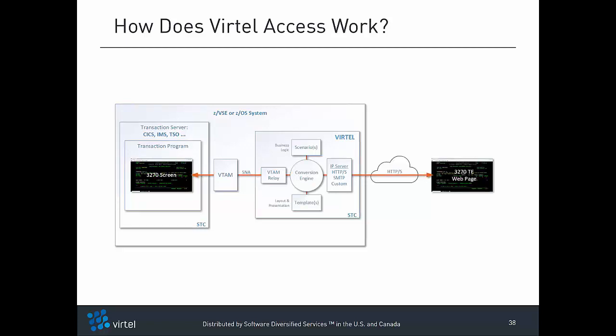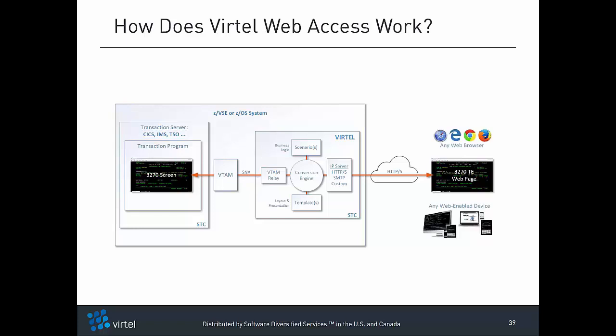At runtime, Virtel inserts the 3270 application data coming off VTAM into an HTML JavaScript template to generate the 3270 terminal emulation web page, and Virtel sends that web page to the client device. That web page can be rendered by any web browser running on any client device. And that's how Virtel Web Access works as a two-tier thin client 3270 terminal emulator.